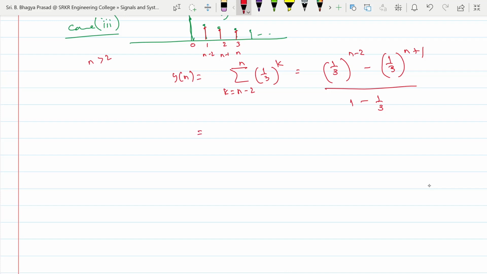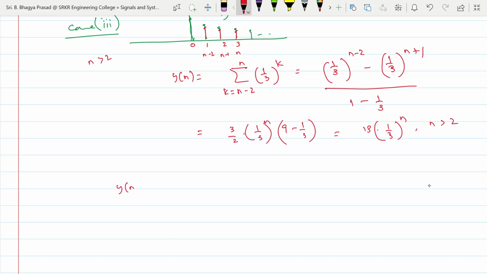This is equal to 3 by 2 multiplied with 1/3 power n times 9 minus 1 by 3, giving an expression of 13 1/3 power n, for n greater than 2.